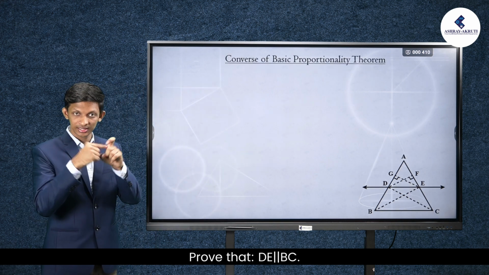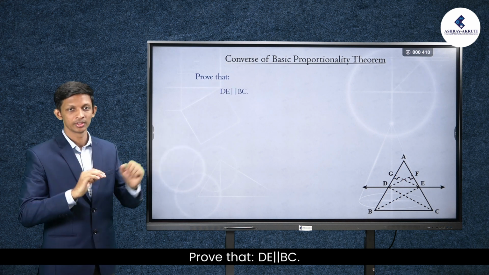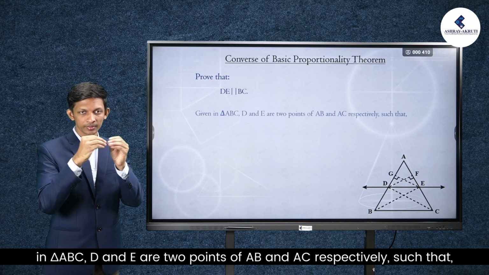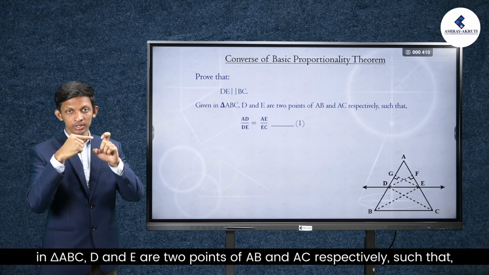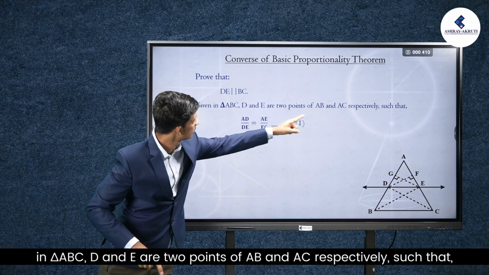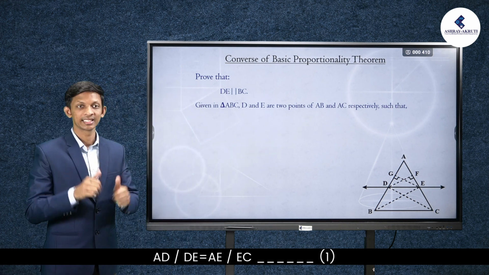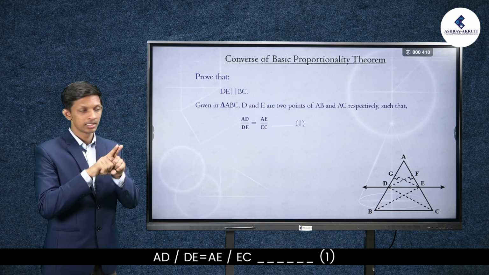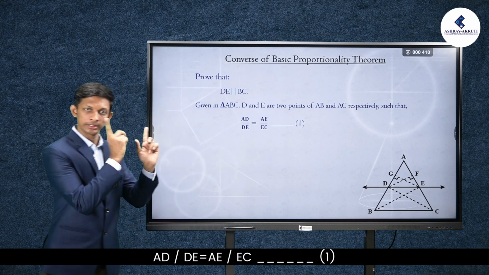Prove that DE is parallel to BC. Given in triangle ABC, D and E are two points on AB and AC respectively, such that AD by DB is equal to AE by EC. Consider it as equation 1.